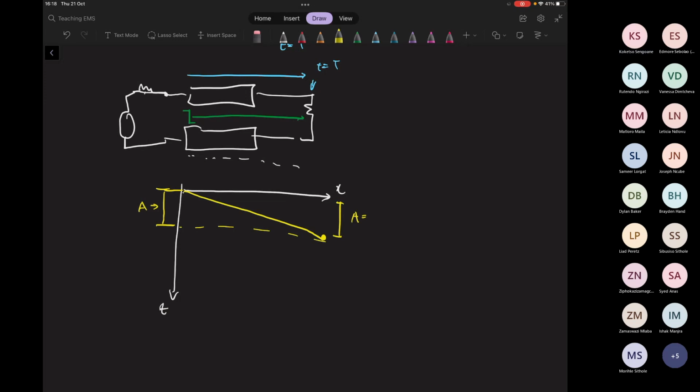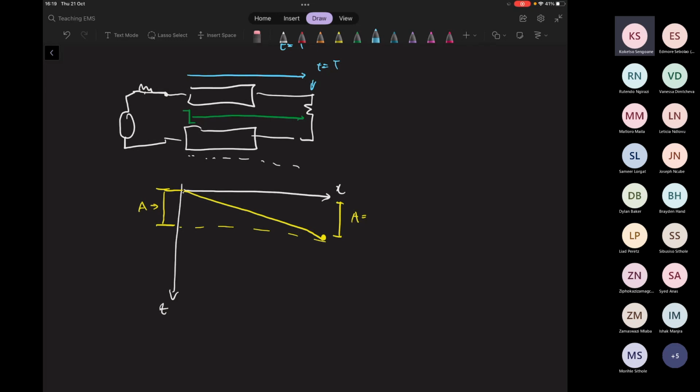From the question, it will tell you. What value of time will that be? Do you know? Is it the whole time there, or is it half of the time?